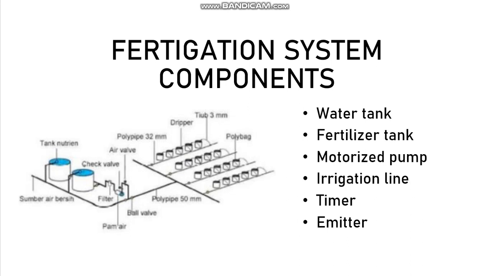For example, they usually run 3 hours per fertigation, so the timer helps the user to operate the system automatically. An emitter is localized to the root of the plant, and the emitter is connected to the main irrigation line.